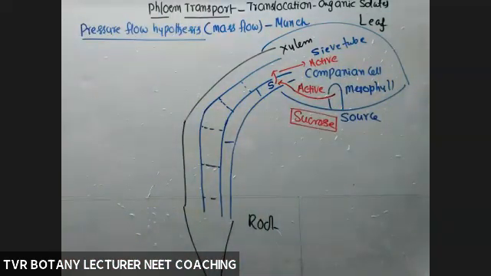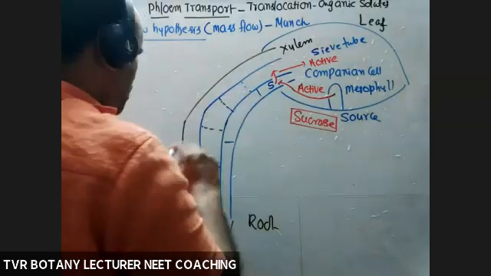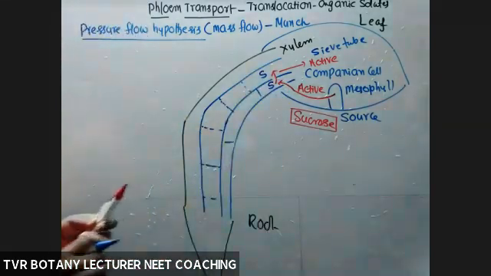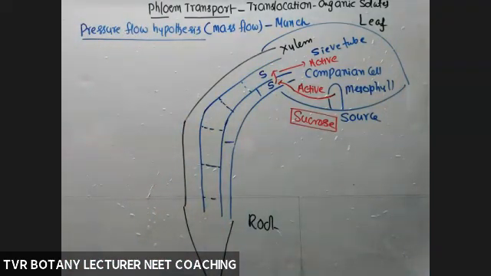So actively, sucrose is transported from mesophyll to companion cell to sieve tube. Active mechanism. Once more sucrose is accumulated within the sieve tube, what about the concentration of solute there? More.